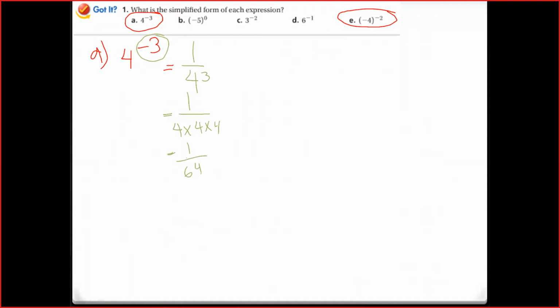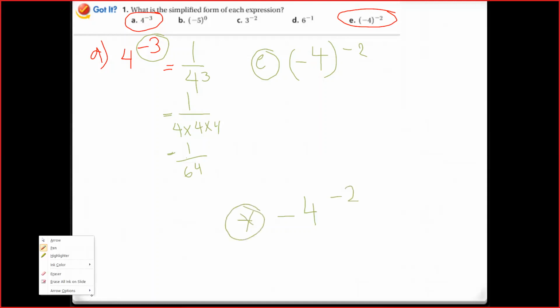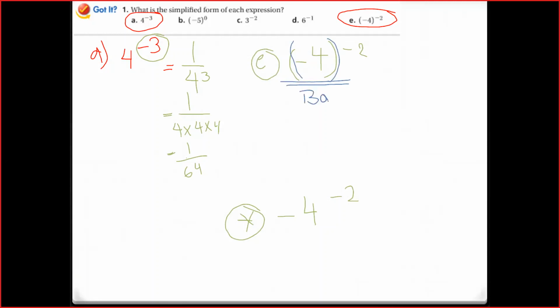Now, I want to talk about E. Negative 4 to the power negative 2. And if you have it like this, if you look at them, they have a big difference between them. Why? Because if I put negative 4 between two brackets, it means the base here is negative 4.